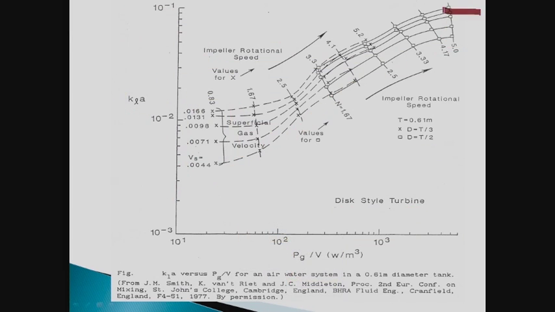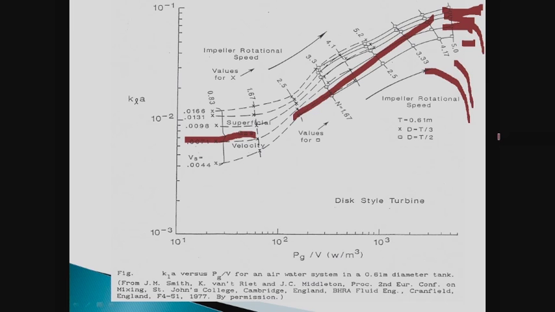It's up in here. The choked regime means KLA is not going to be increasing very much. So again, you have the gas sparge regime, the mechanically controlled KLA regime, and then the choked regime. In fact, this choked regime can get so bad that the mass transfer coefficient can actually go down.